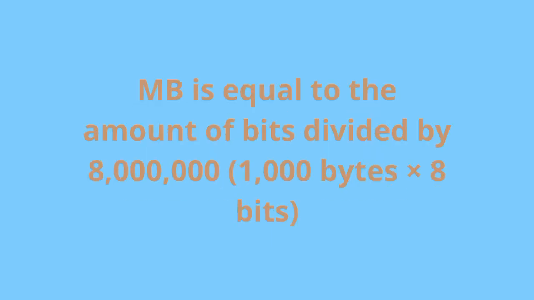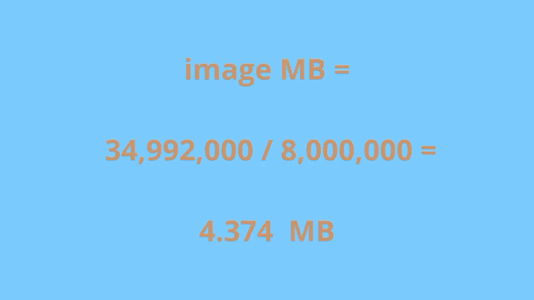And what would megabytes look like? Megabyte is equal to the amount of bytes divided by 8 million, or 1000 bytes times 8 bits. So the image from the previous example would be 34,992,000 divided by 8 million, which is equal to 4.374 MB.